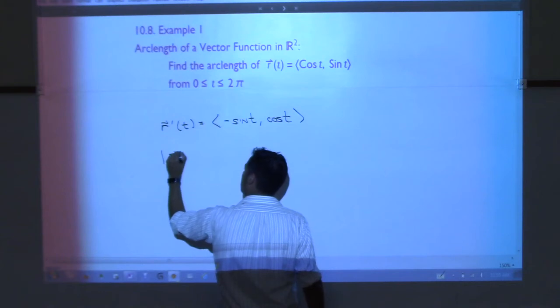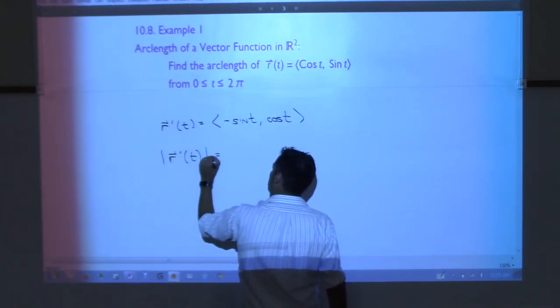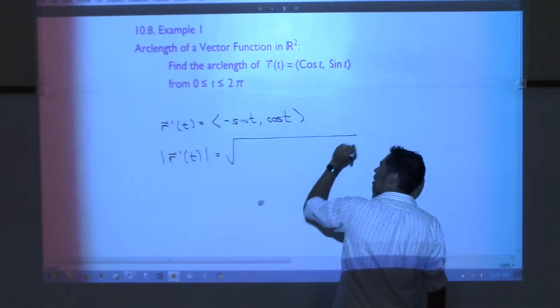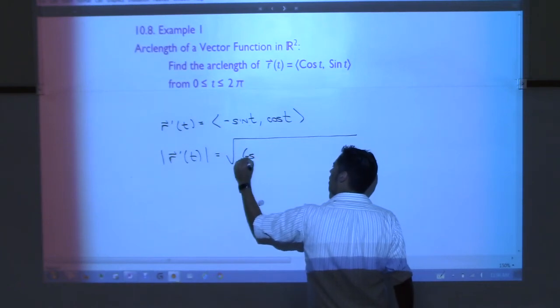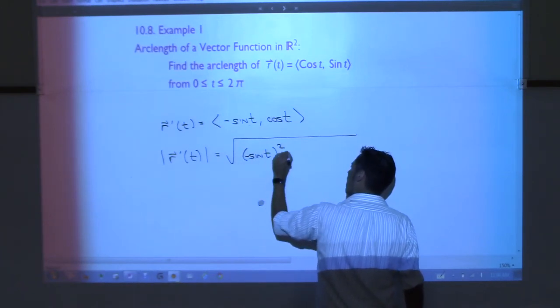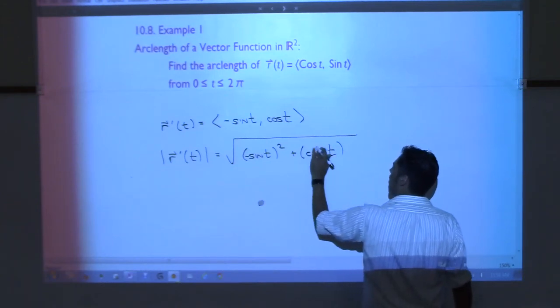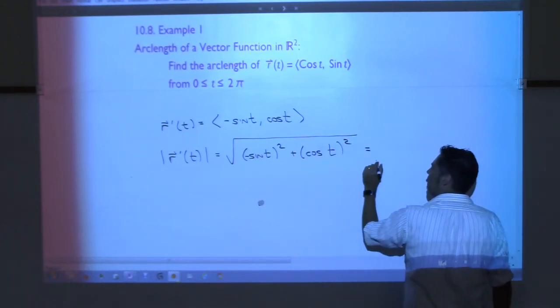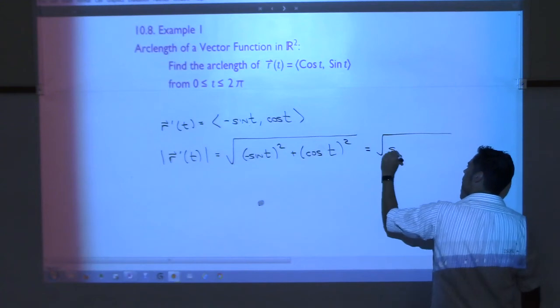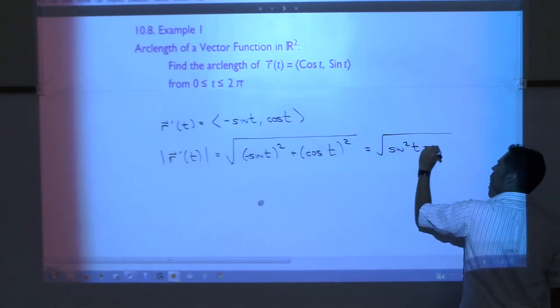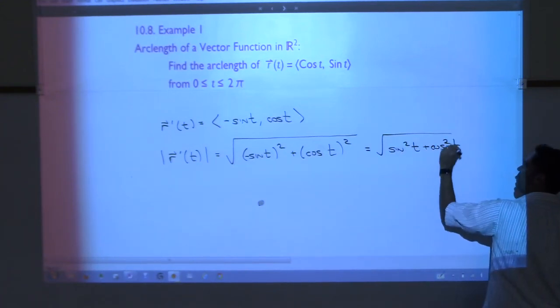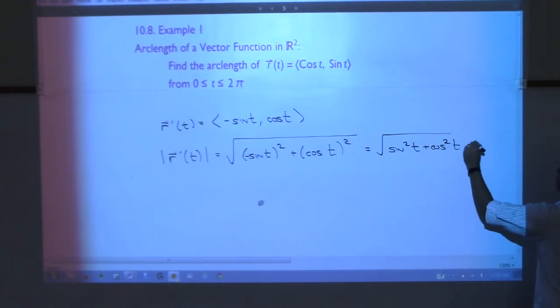Magnitude of this is the square root of the sum of the components squared: negative sine t, I'm going to square that, plus cosine t, I'm going to square that. And look at that. Isn't that nice? Sine squared t plus cosine squared t. That negative doesn't matter, right? Because you're going to square it. And that's the Pythagorean identity. Square root of 1 is 1. So I'm just integrating 1, right? That's all I'm going to integrate.